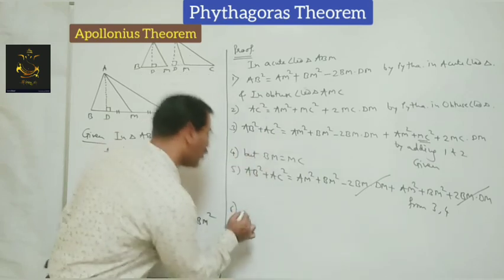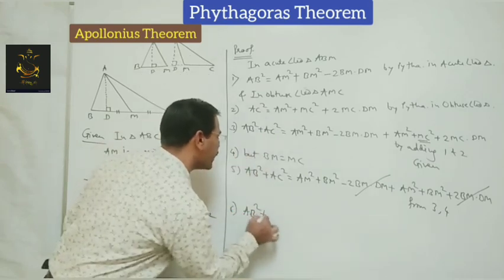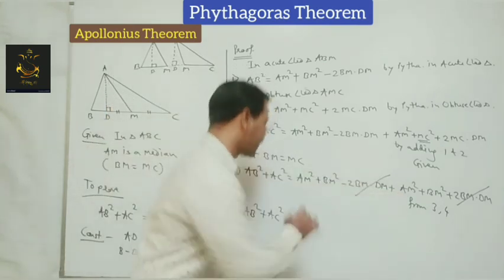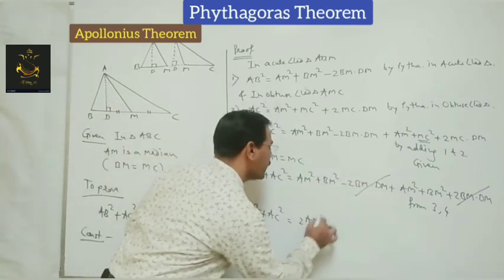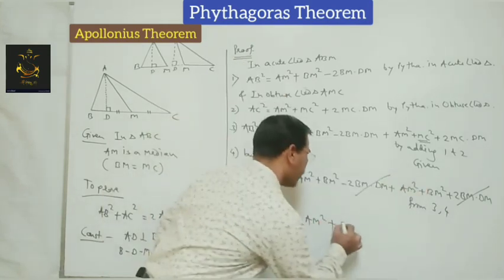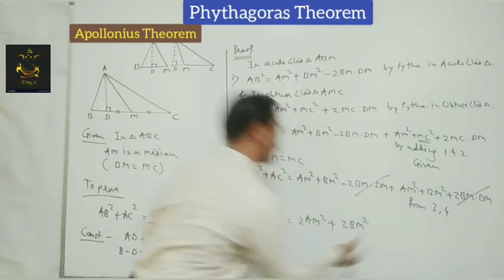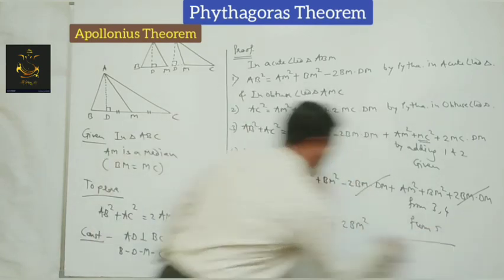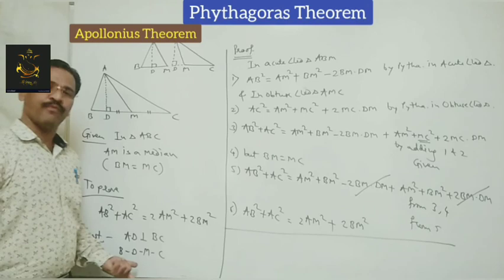Now what is the remaining part? Try to observe here. Twice of AM square plus twice of BM square. This is from the 5th step, and that is our proof.